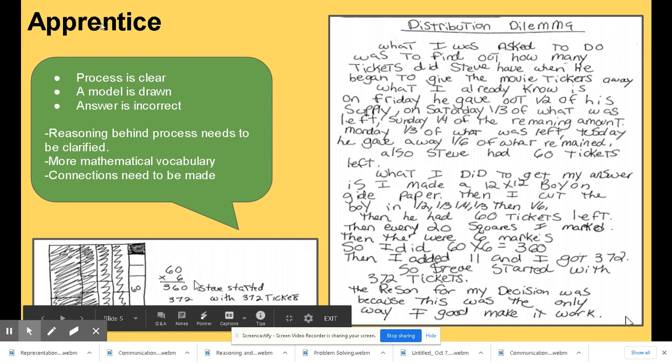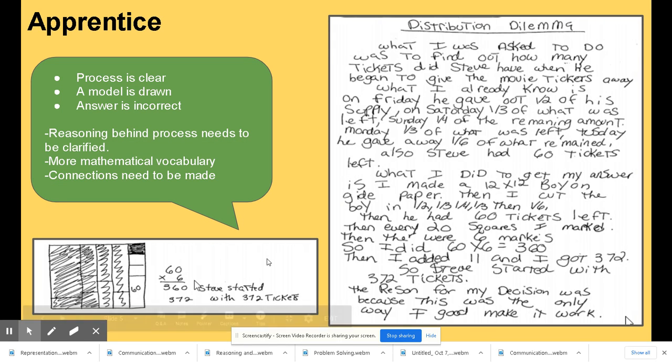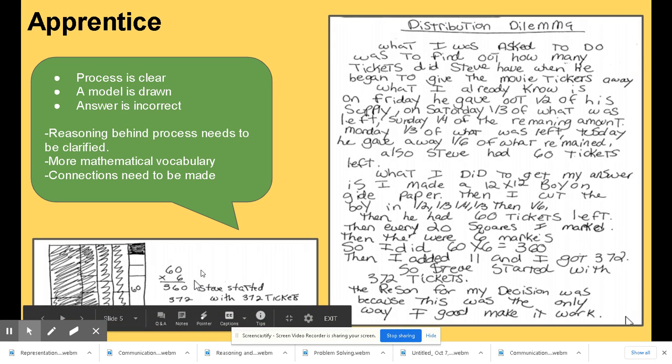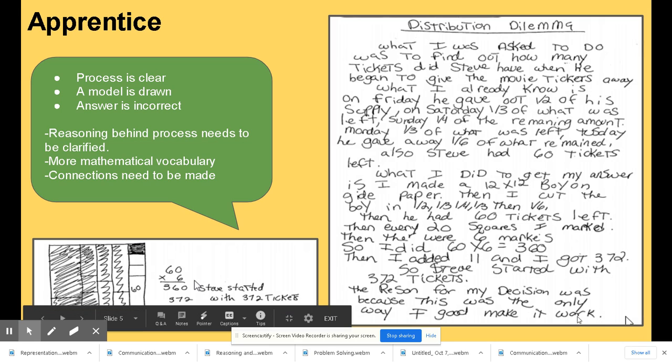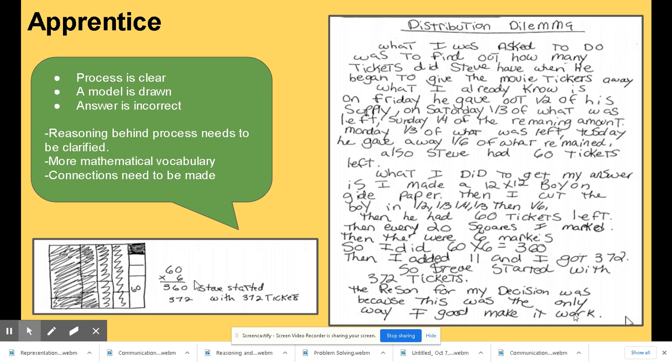So even though they didn't get scored at a novice, they were almost there. But if they would have spent a little bit more time checking their work, they would have caught an error. And then making some type of connection to the real world. So I remember talking about this concept in math class. This is the activity that we did.